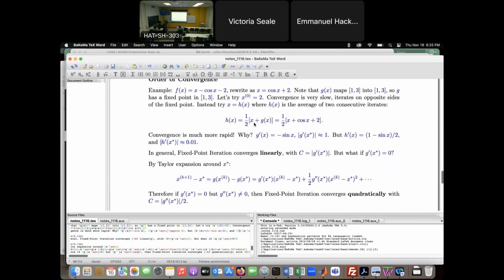If I could estimate the derivative of my original g, then I could take a linear combination of x and g of x to make this essentially 0, and then I would have a more rapidly convergent method.